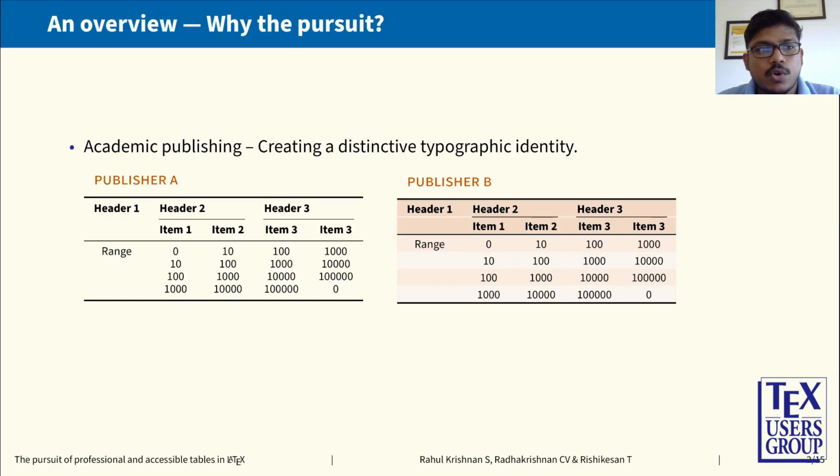First, let me give an overview. I have 2 points to mention. First one is that while working with various publishers and typesetting their tables, we have found that publishers make their tables unique. For that, they will use different colors.